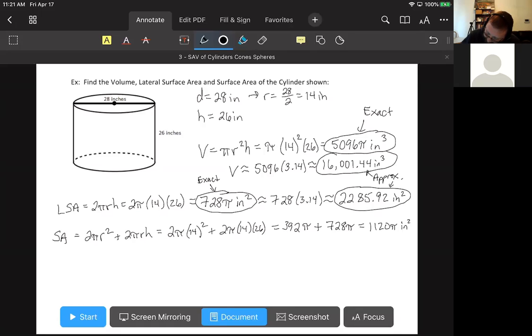So that's our exact answer. And then again, we are going to plug in 3.14 for pi, which gives us 3,516.8 square inches for our approximate surface area.